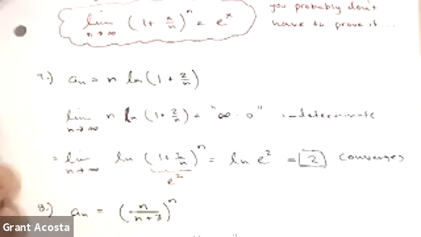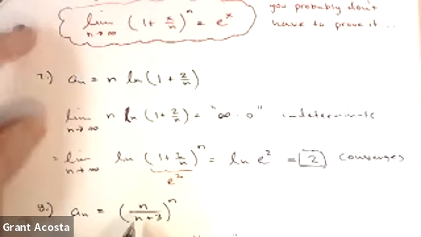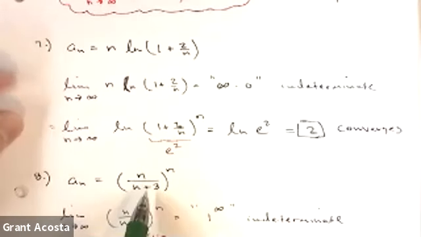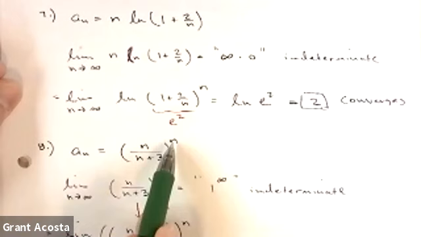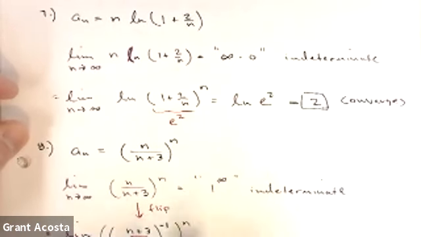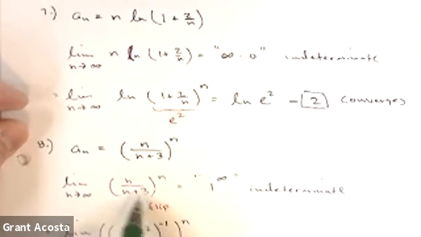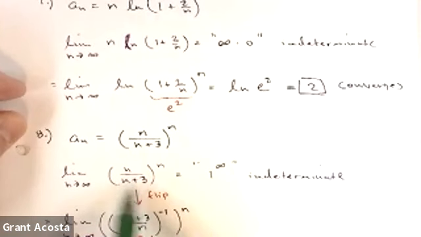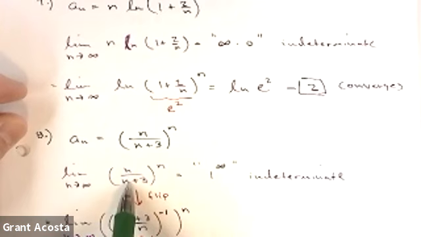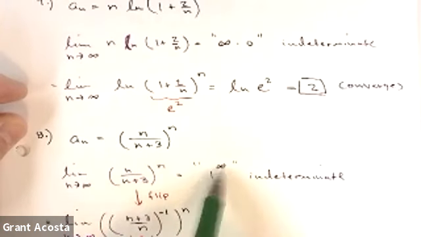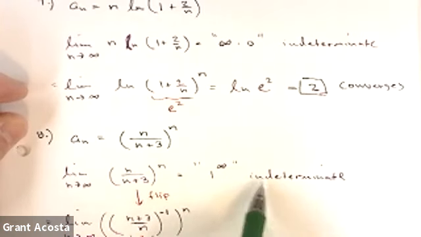Here's another one that's kind of a sneaky one. Okay, my sequence is (n/(n+3))^n. If I took the limit of that, the inside is going to approach 1 because your powers of n are the same, raised to the infinite power, which is an indeterminate form.